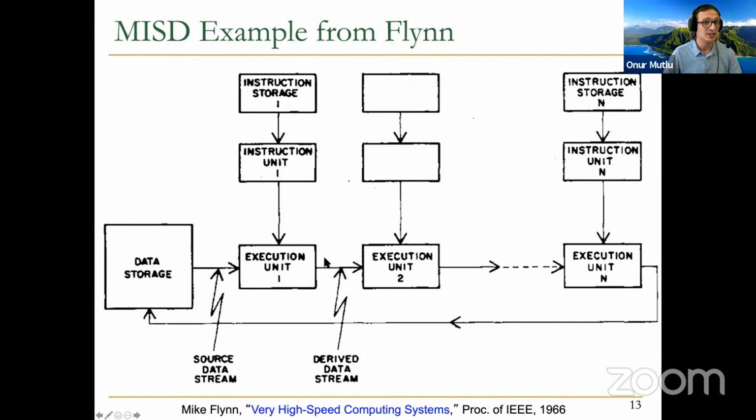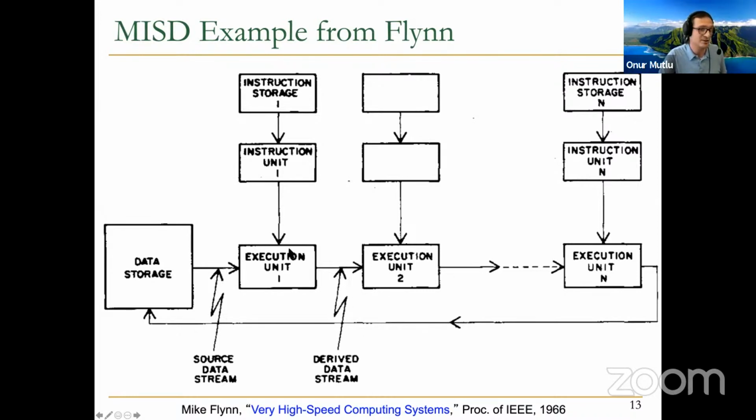And this is the picture of a MIMD example. Basically, you have multiple instruction streams and you have single data. So this kind of looks like a systolic array, as you can see, right? You have a source data stream and you're streaming it into execution units. And execution units may be executing different instruction streams. One execution unit operates on the data and transforms it into a derived data stream, as Flynn calls it.